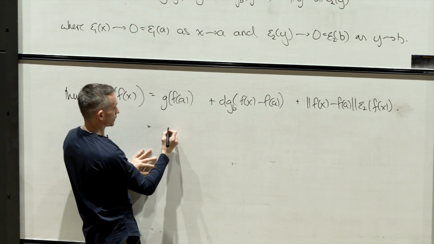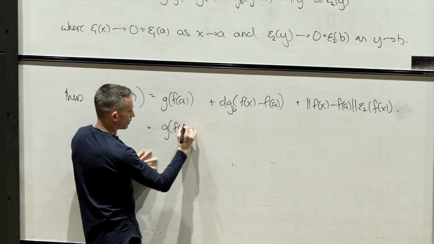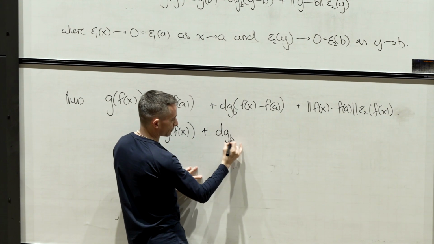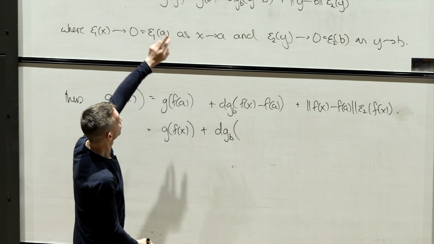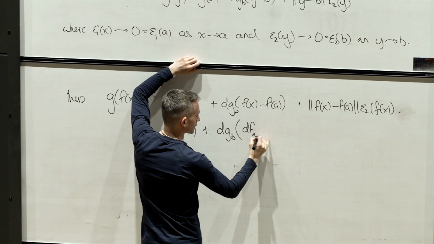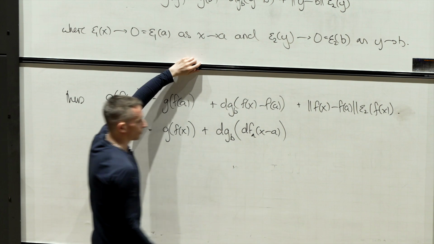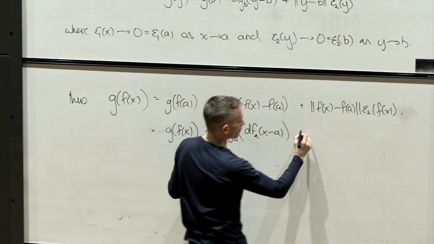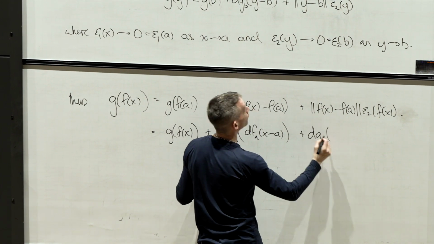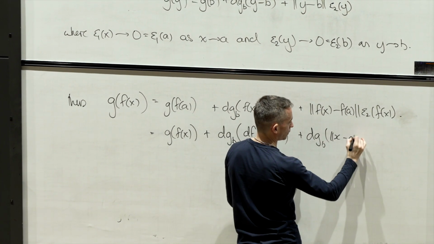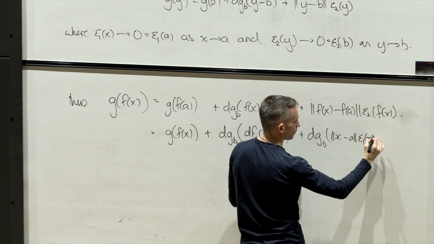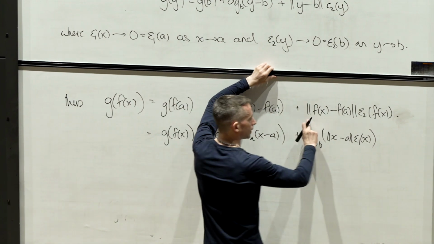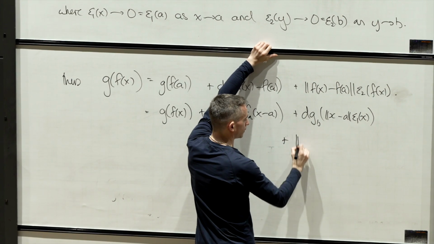Now substitute in the first formula for f of x minus f of a, which gives us the derivative of g at b applied to the derivative of f at a on the vector x minus a, plus the derivative of g at b applied to epsilon 1 of x times the norm of x minus a, and then still plus this term here.